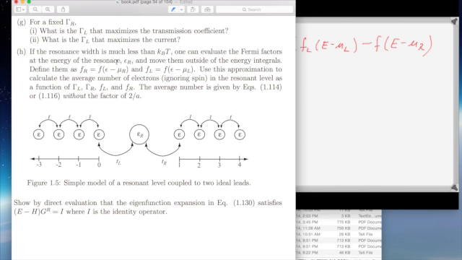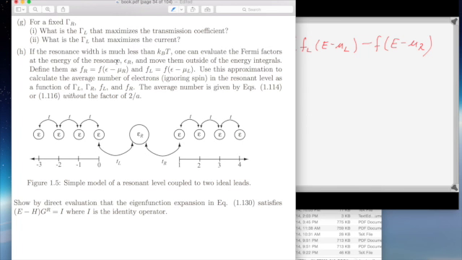Now, at room temperature, the f is only varying on the order of 26 millivolts. That's kind of the scale over which f varies. But if you have a very narrow resonance, say 1 millivolt, then this kind of looks like a delta function, peaked at its center resonant energy.